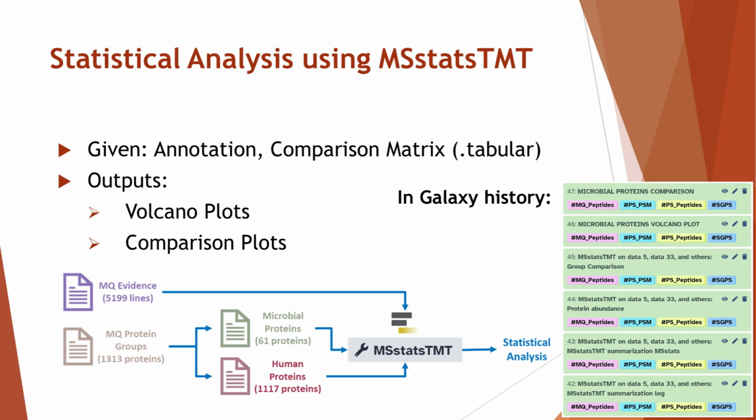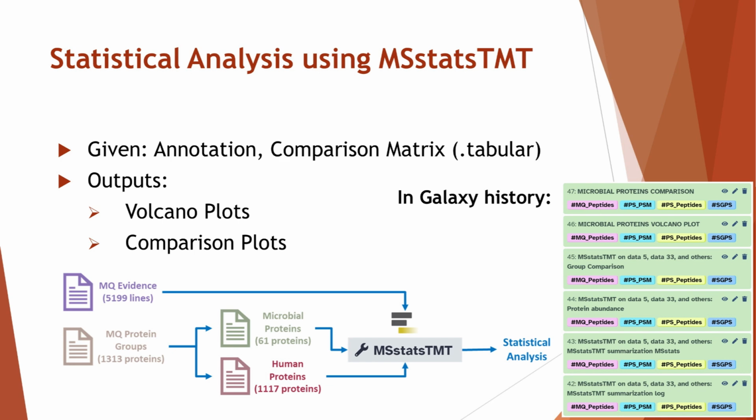Remember that the example datasets were labeled with TMT reagents for quantitative proteomics. If you are not working with TMT, the MSstats package itself is compatible with label-free quantitative proteomics data. The MSstatsTMT tool is compatible with data processing tools such as MaxQuant and allows for sensitive and specific detection of differentially expressed proteins in large-scale experiments with multiple biological samples.